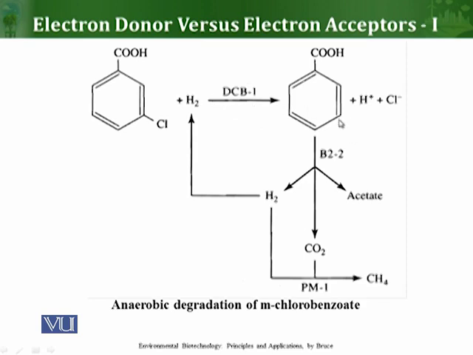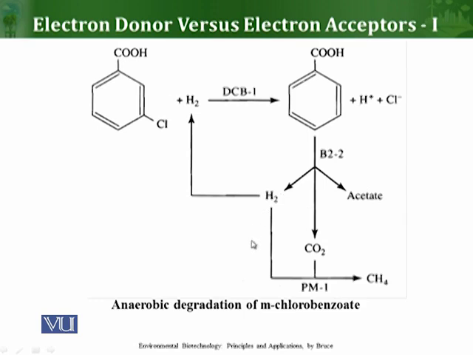The benzoate which has been generated is acted upon by another microbial species named BT503, and it then converts this benzoate to hydrogen, acetate and carbon dioxide. The hydrogen can be again used to bring about reduction of more chlorobenzoate by the DCB strain.